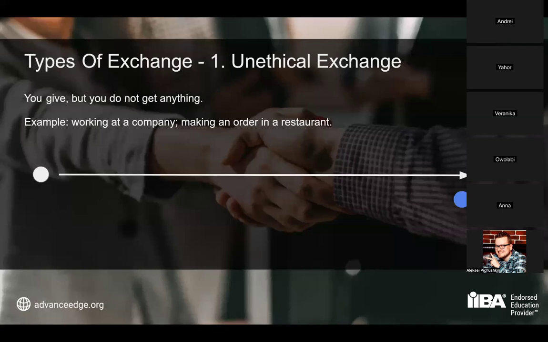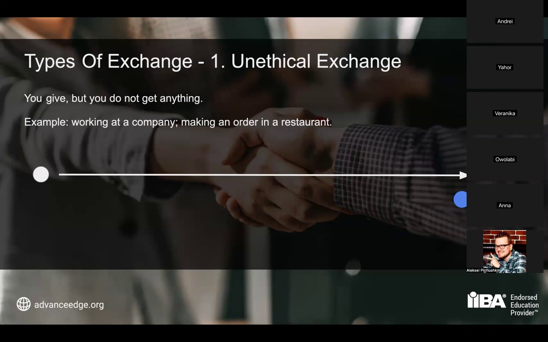And now let's proceed to the next topic. The next topic is the types of exchange. And this is also important to understand if you want to grow professionally and grow in your career, right? So there are four types of exchange.